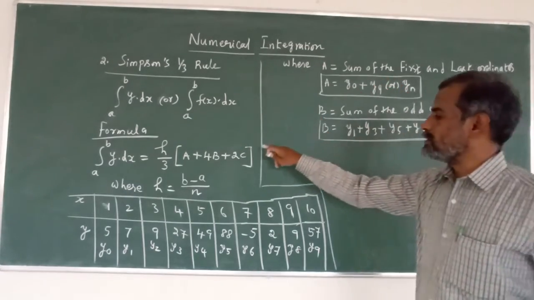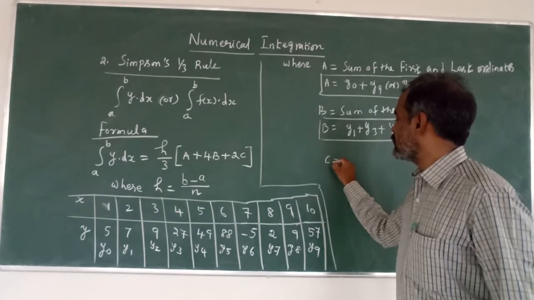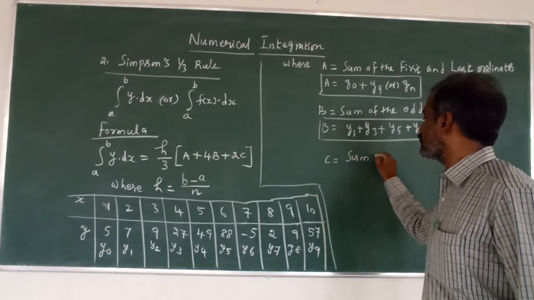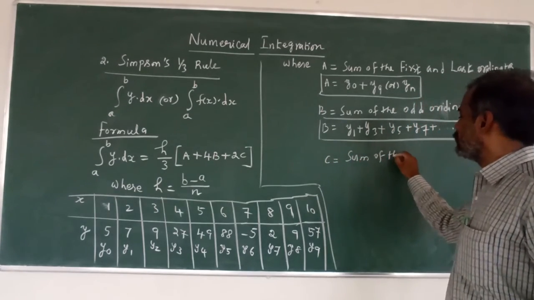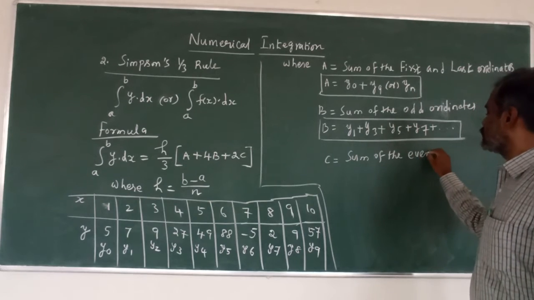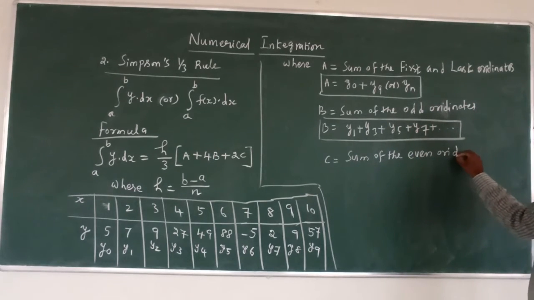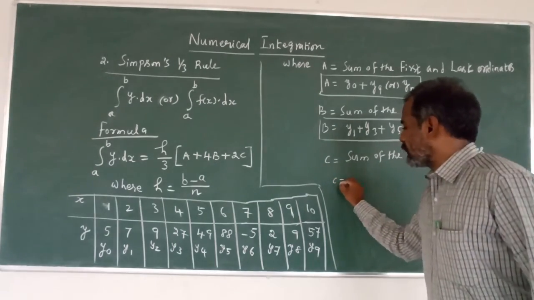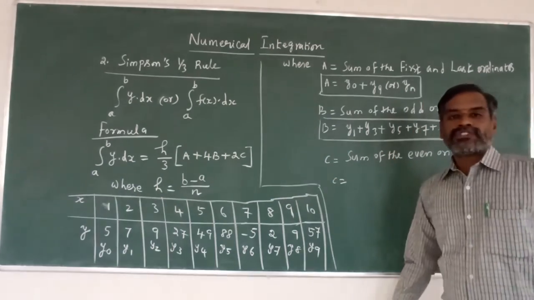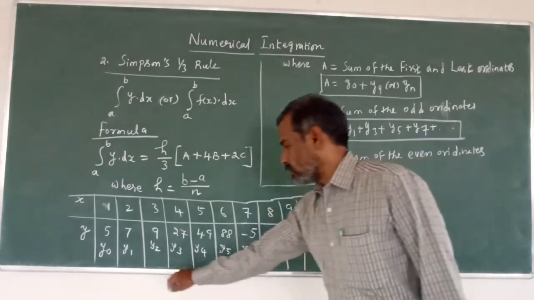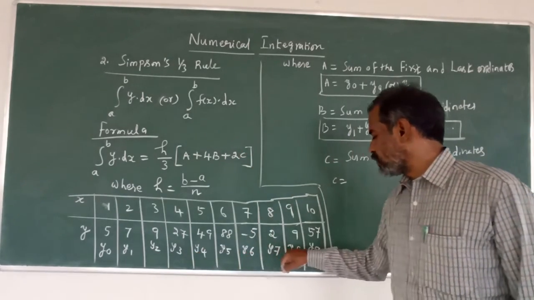And how to find the C value? C equals the sum of the even ordinates. Even means 2, 4, 6, 8, like that: y2, y4, y6, y8.